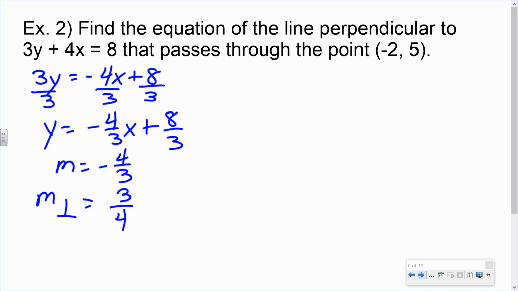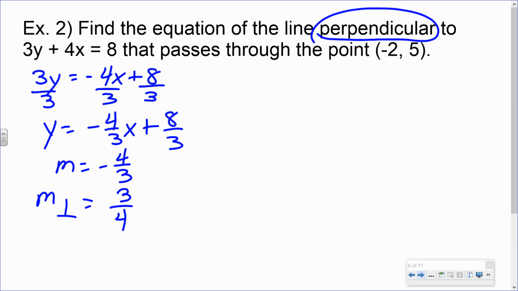Wow, excellent talking me through the steps there. So we isolated y to figure out what the slope was for the original line. The original line had a slope of negative 4/3. Since we are doing a perpendicular line, we needed to take the opposite of that and turn it upside down, take its reciprocal, so we're going to use the slope of 3/4.